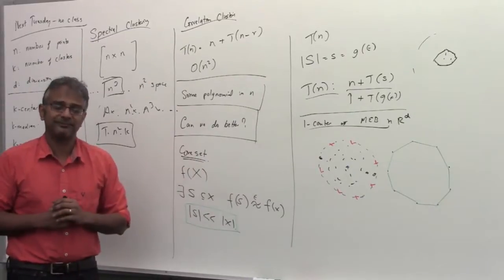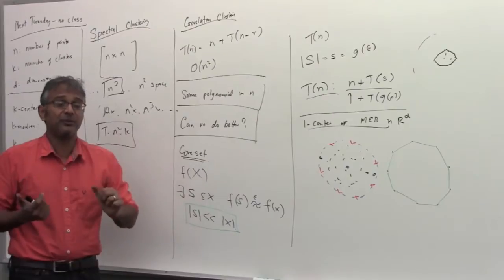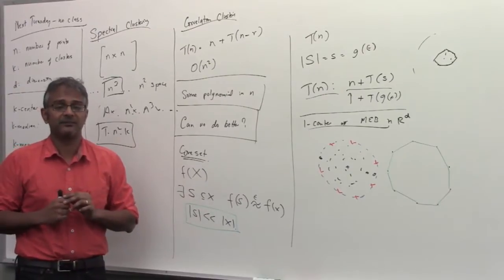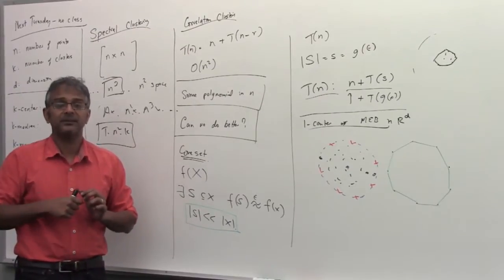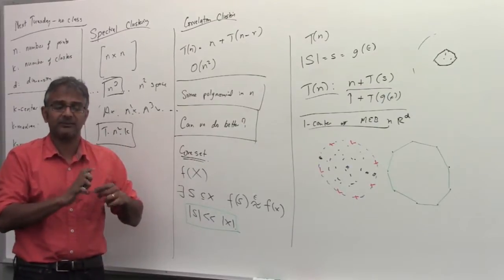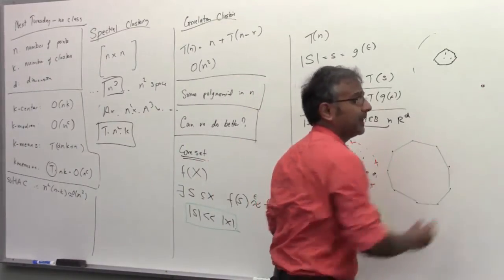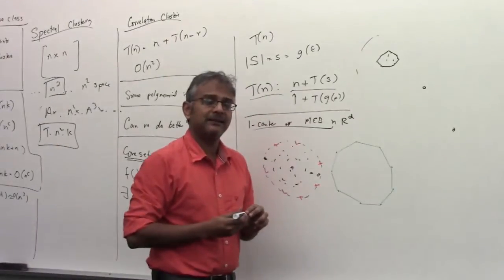Where would they go wrong? There's a very simple example where choosing the 2 farthest points will not give you any reasonable answer. Yes? Outlier. If you have an outlier, can you describe what such a set might look like? Take the circle.